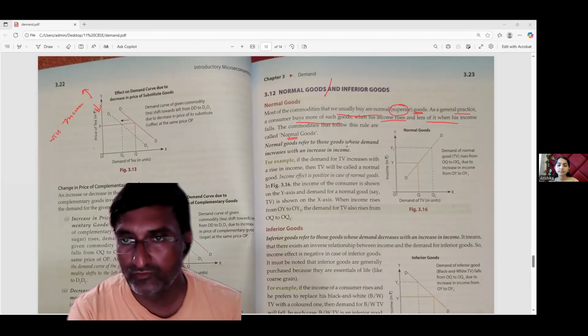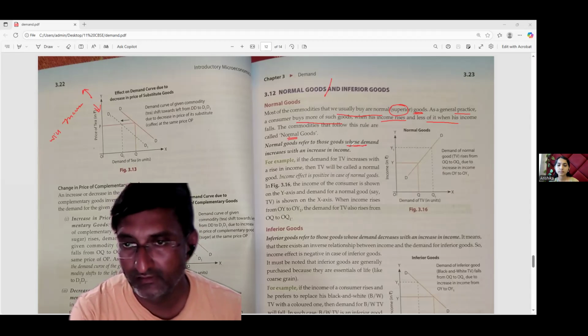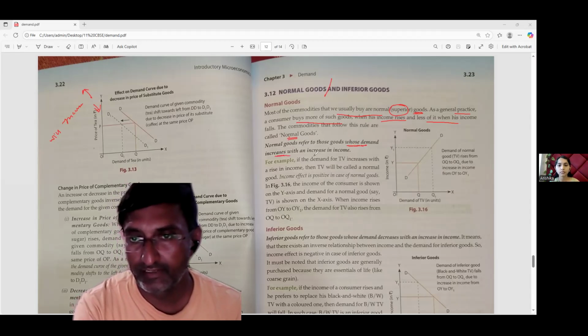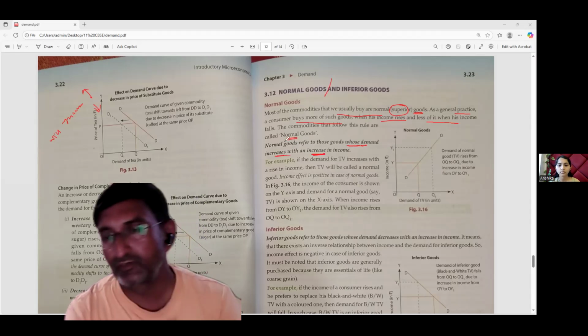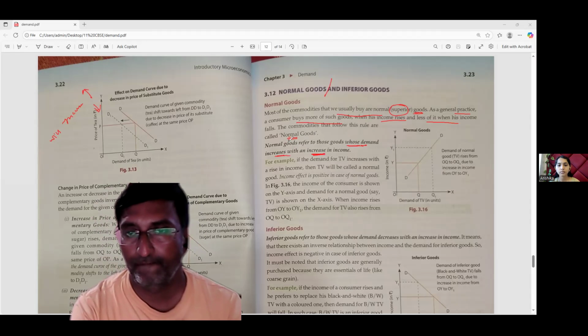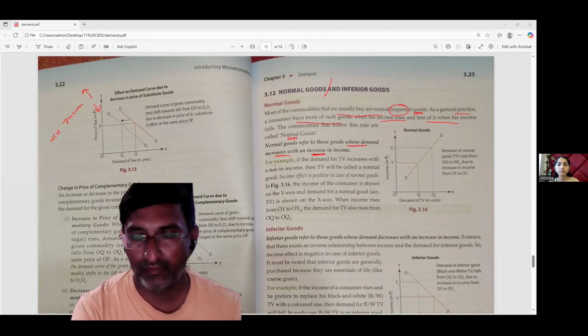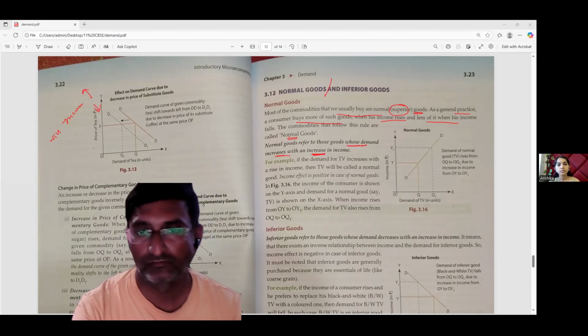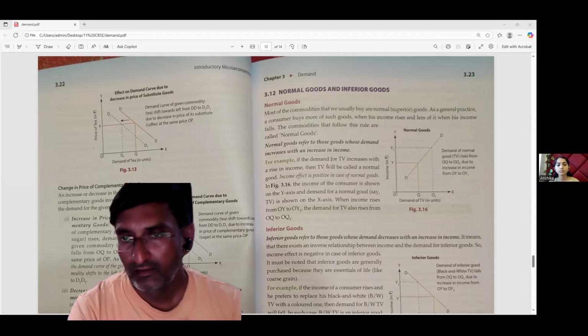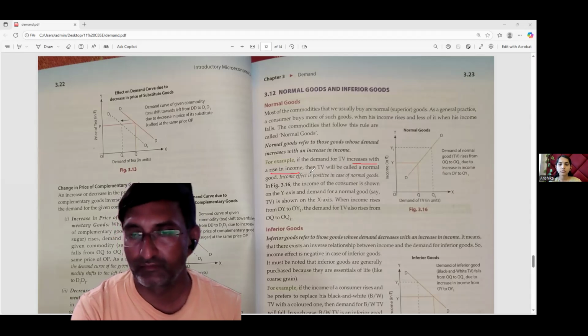Now, normal goods refers to those goods whose demand increases with an increase in the income level. In this case, the price of the commodity remains the same, but he will buy more when his income level is increasing, and vice versa. Example: the demand for TV increases with the rise in income of the customer, so TV is a normal good.